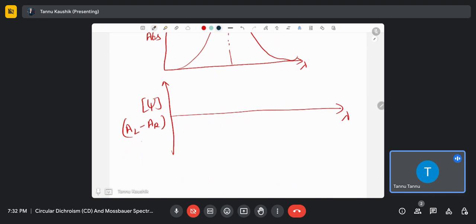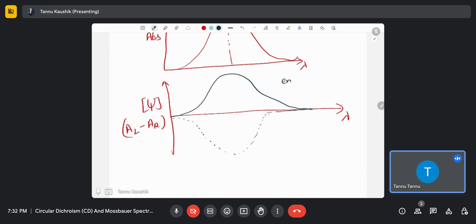So in this case, for two different enantiomers, we will get two spectra.